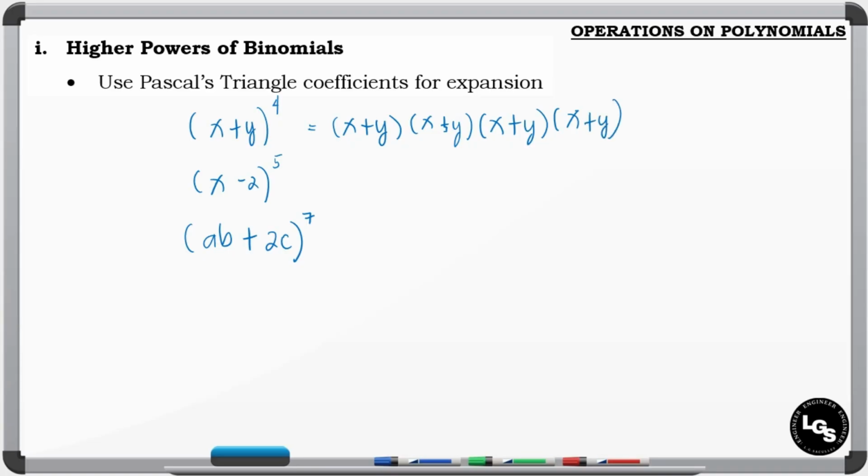So it is a binomial where we multiply it 4 times by itself, right? So you can multiply first these 2. Then if you have the product, you can multiply it with the third one. Then if you have multiplied the 3 binomials, you can multiply it with the last binomial.